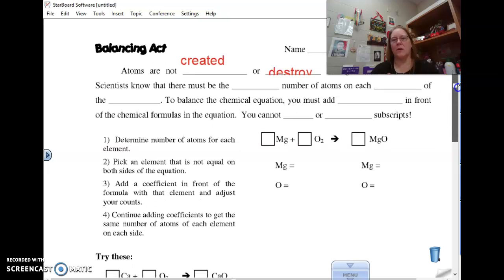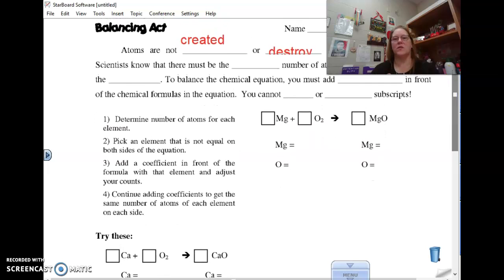So the way you look at balancing a chemical reaction is first you have your chemical reaction: Mg plus O2 yields MgO. The next thing you do is list out each element in the order that they appear on the reactant side.